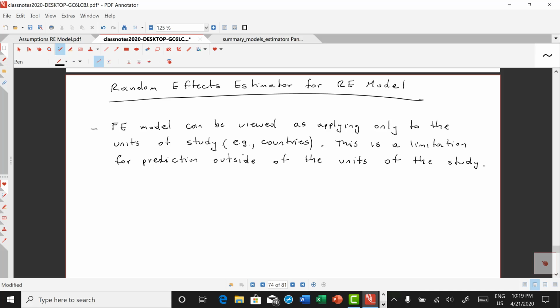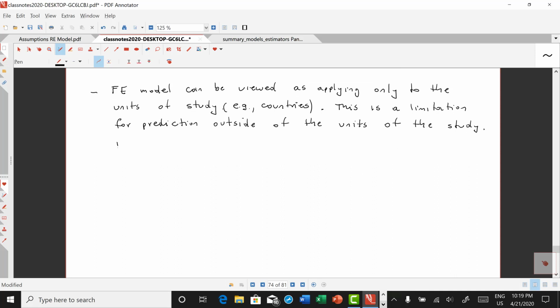So the random effects model is not going to have that limitation. It's kind of like a more general model. So that's an advantage of the random effects model relative to the fixed effects model.